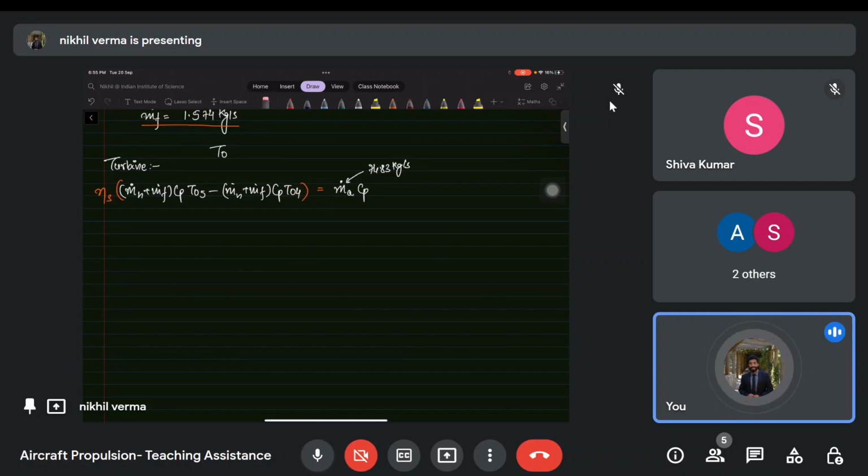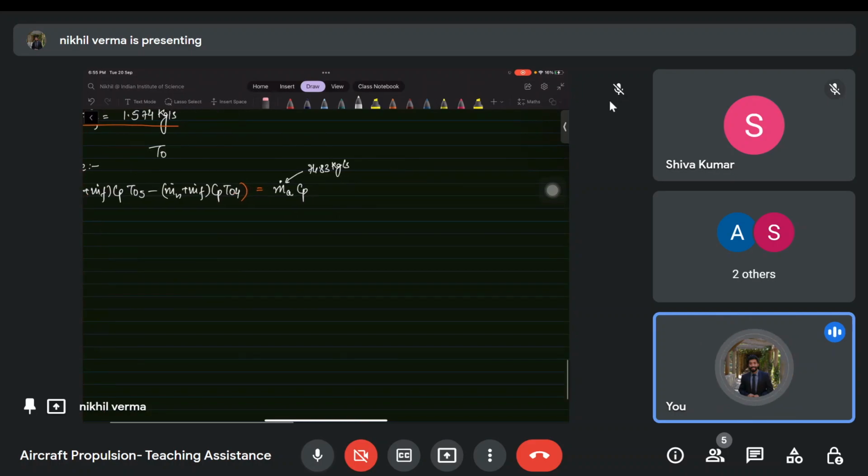This is cp T naught 7 minus T naught 2 plus m dot a into the bypass. Okay, this is the hot stream, right?